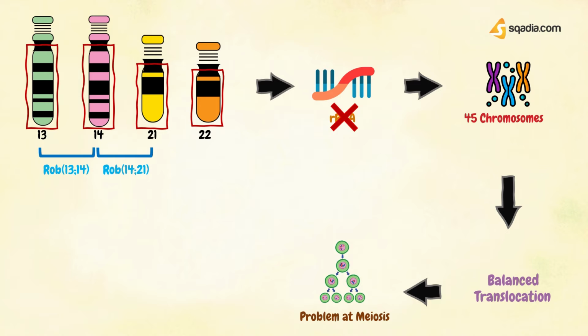problems at meiosis. Meiosis is a type of cell division in sexually reproducing organisms that reduces the number of chromosomes in gametes, which are the sex cells, or egg and sperm, with the result that a woman could have many miscarriages.